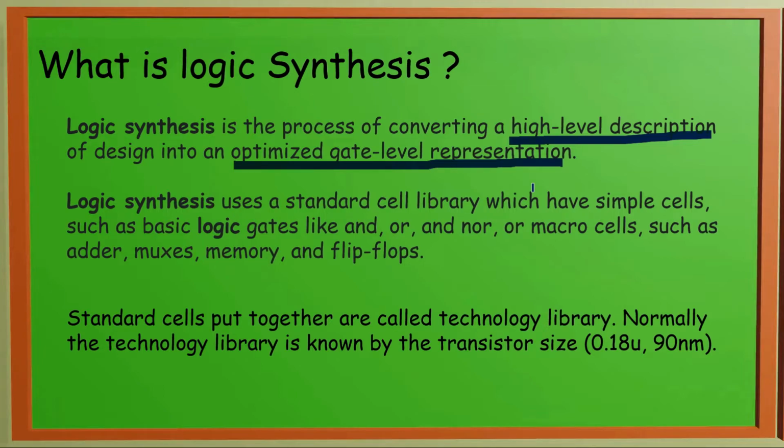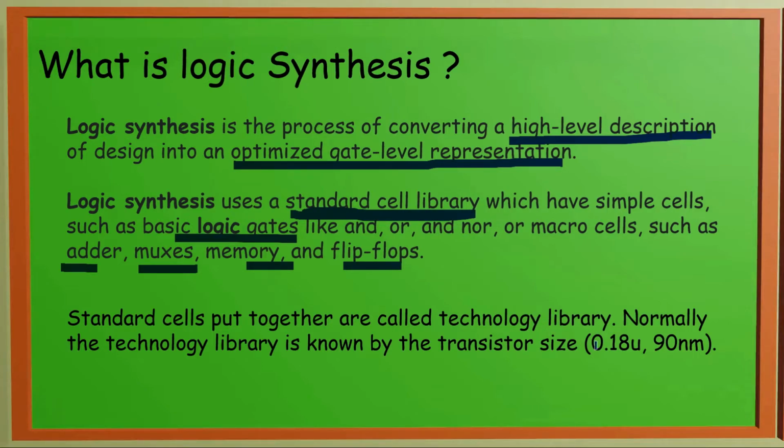Then we can decide the design on an IC where transistors will be mounted, transistor boundaries will be defined, and we will have the fabrication process. They use a standard cell library, like we have discussed about the logic gates. We require logic gates, muxes, memories, flip-flops. All these things are part of a processor. We require them in some kind of standard library.